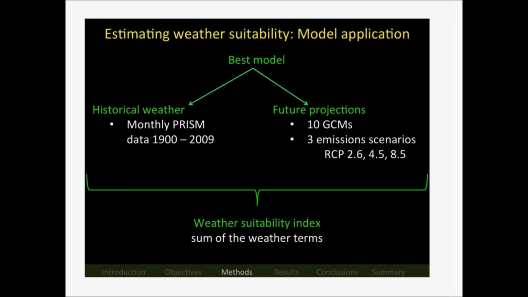So we used 10 different general circulation models, or GCMs, under 3 emission scenarios. These are RCP 2.6, 4.5, and 8.5. These represent low, medium, and high emission scenarios. So after applying the model to these data sets, we then calculated a weather suitability index as the sum of the weather terms in the model.